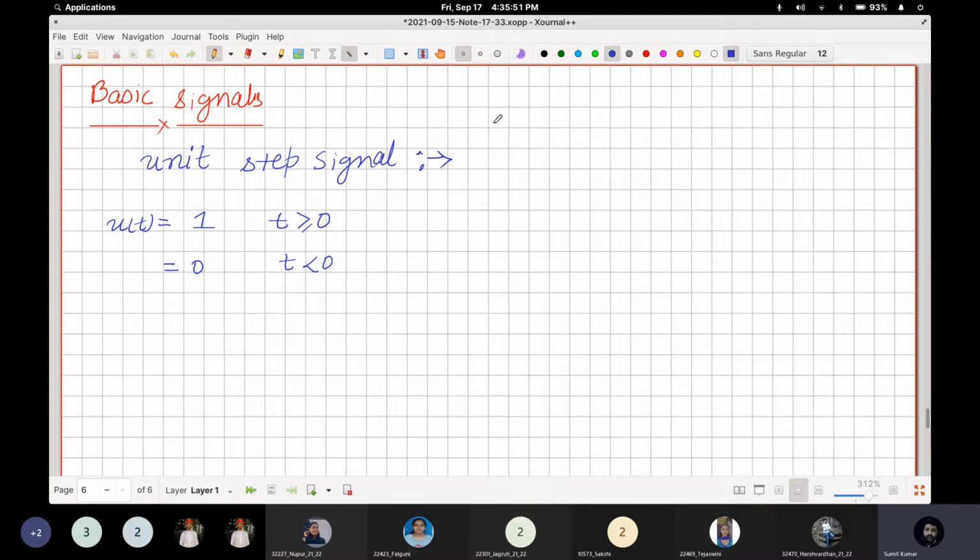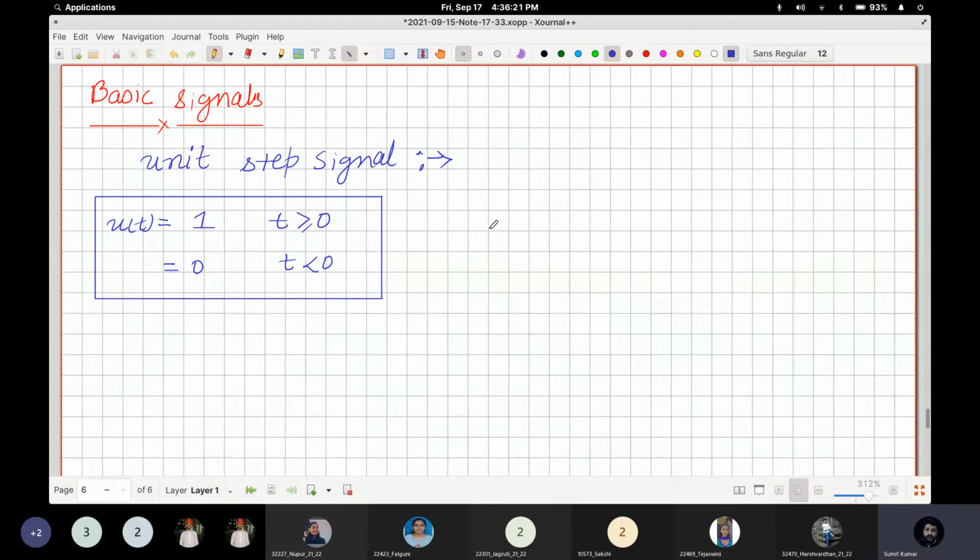Let me draw a box around this. What does this mean? That u(t) is discontinuous at t equal to 0. In all these definitions, u(t) is like that only.